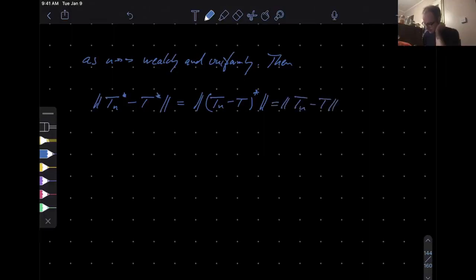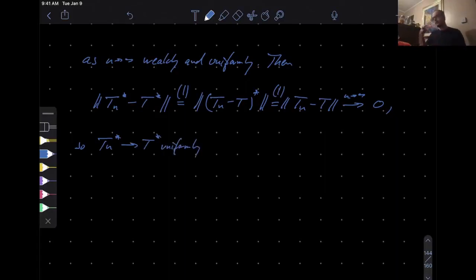So you get rid of the star. This is property 1. This is also property 1. If this converges uniformly, then this goes to 0, right, as n goes to infinity. So you have that the sequence formed out of the adjoints also converges uniformly. And that's what we mean, that the map that sends T to the adjoint is continuous in the uniform operator topology.